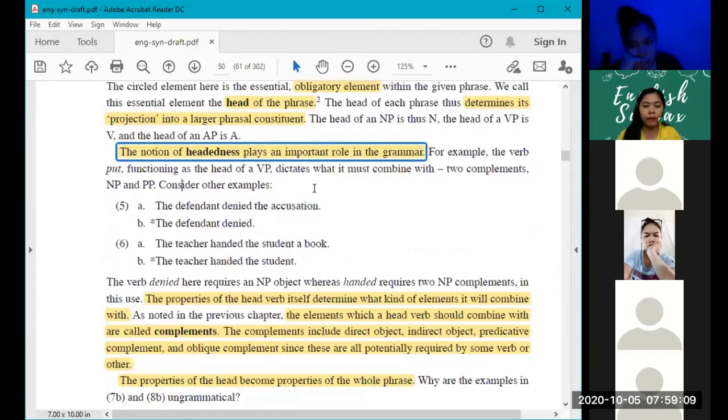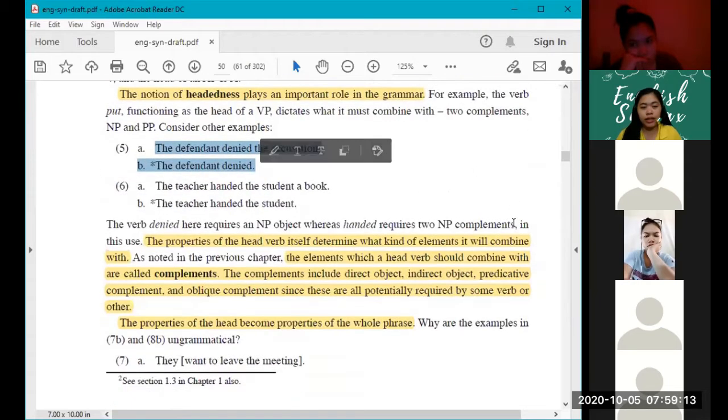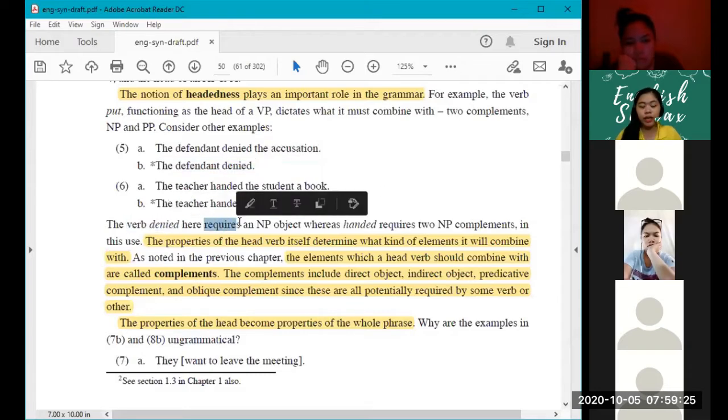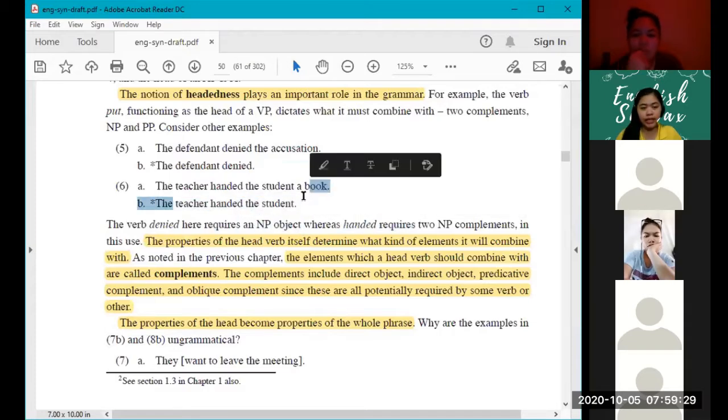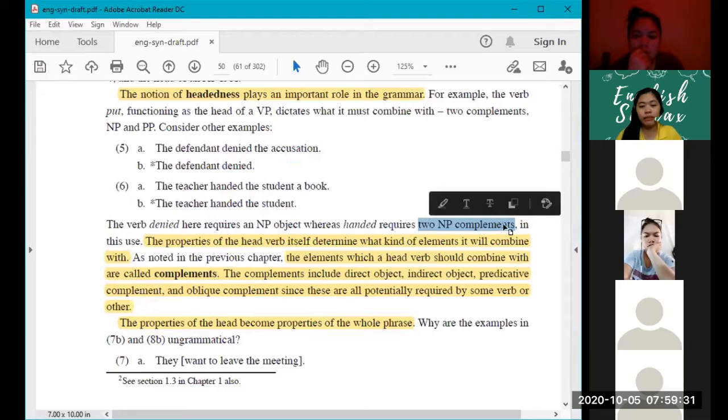Okay, for example, let's take into consideration these two sentences. The defendant denied the accusation, so that is grammatical or acceptable. Then the second sentence, the defendant denied. Now in this case, the verb denied requires an object NP, whereas handed in the second example requires two NP complements.